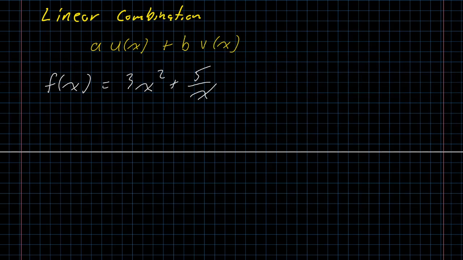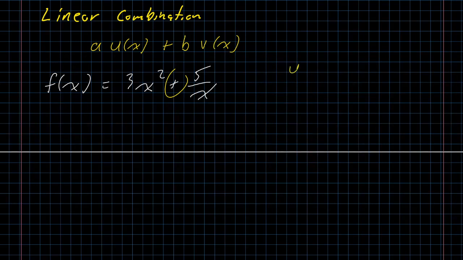So if I have a function like f of x equals 3x squared plus 5 over x, recognizing that this is a sum is not that challenging. From there, I can split things up further and call it a linear combination.